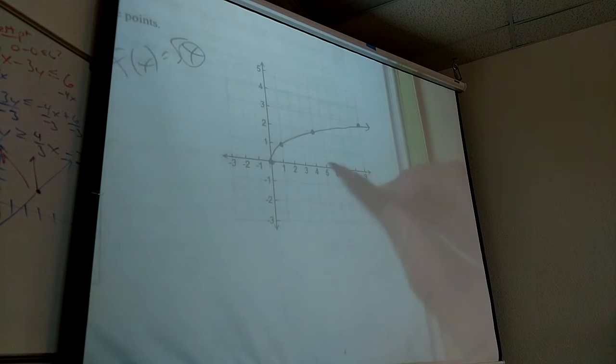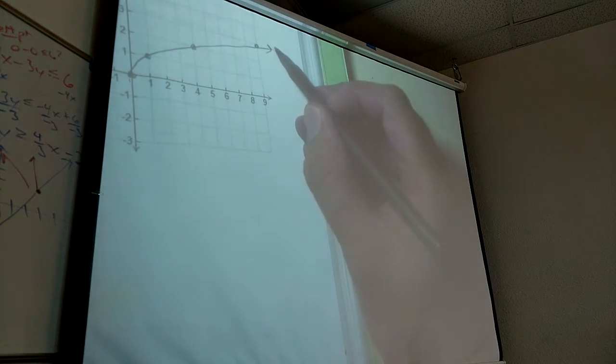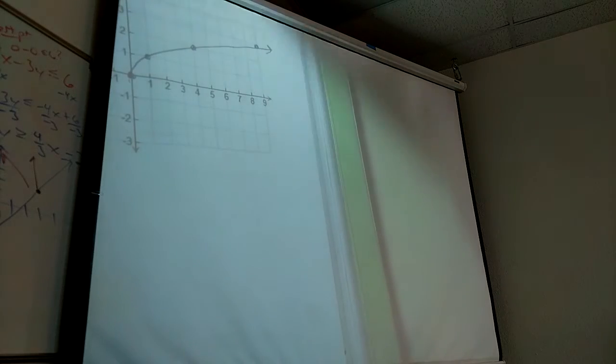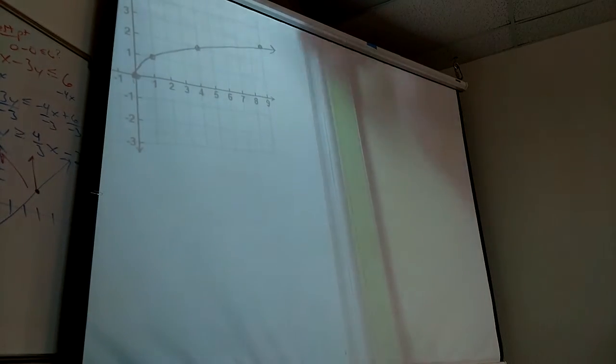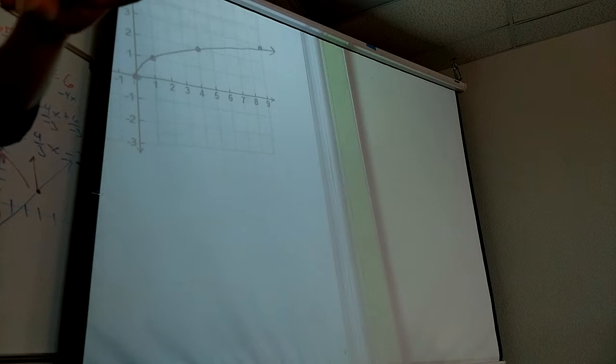What's the biggest output I'm going to get? This goes up really slowly. Infinity. How do I get up to 7? I have to put in 49, right? How do I get up to 10? I have to put 100 in. So is there any output that I can't get? No, I just square it, and that's what I put in. So it goes from 0 to infinity for the range also.